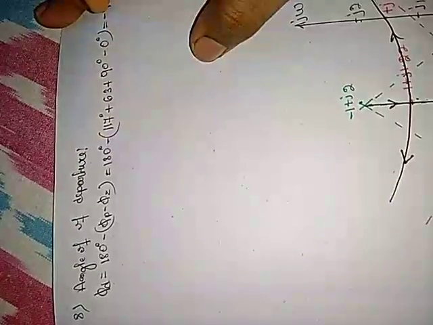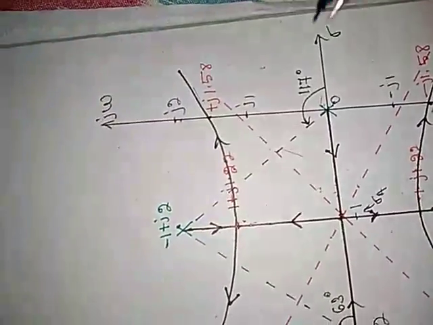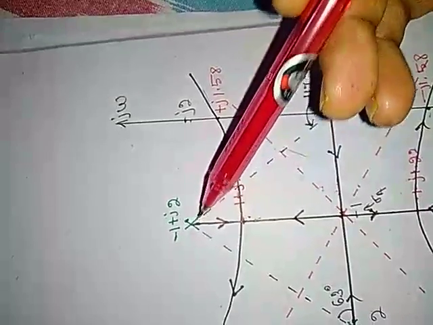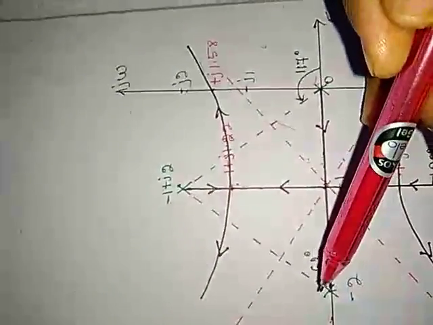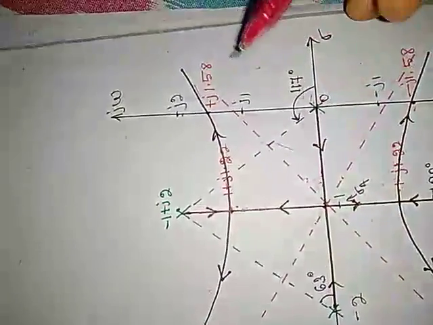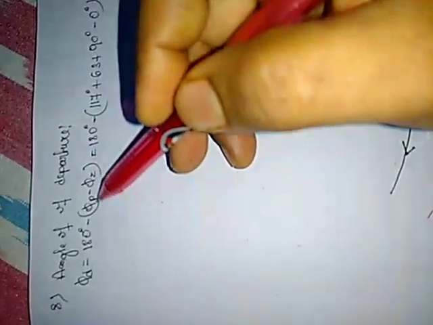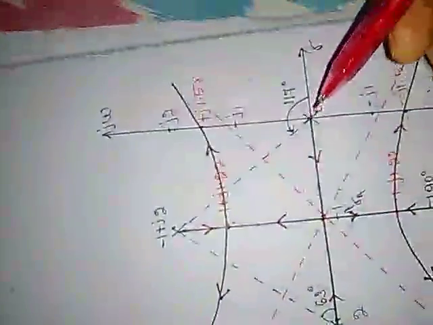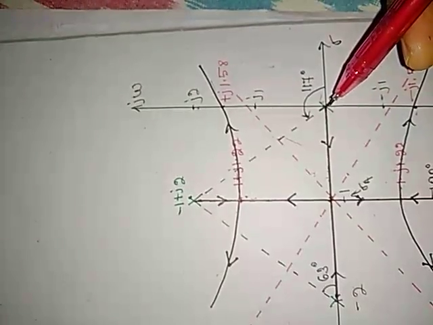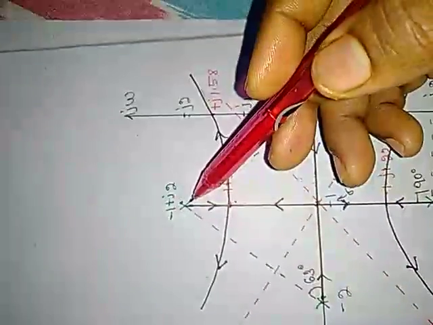I already derived it in my previous video class. Here phi p is, to this pole, how much angle do the other poles make? 180 minus, see here no zeros are there, so this term is 0. Phi p we have to find. Phi p is the vector sum of the angles subtended from the other poles to this pole.